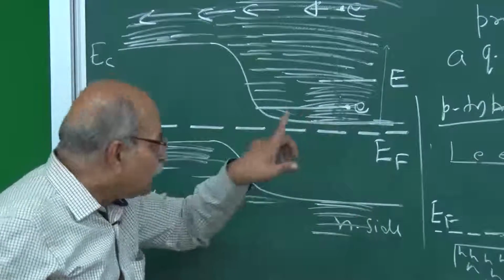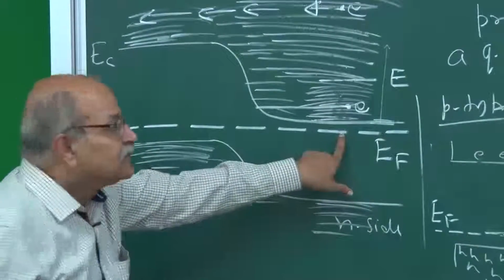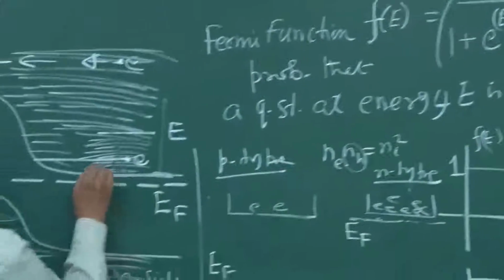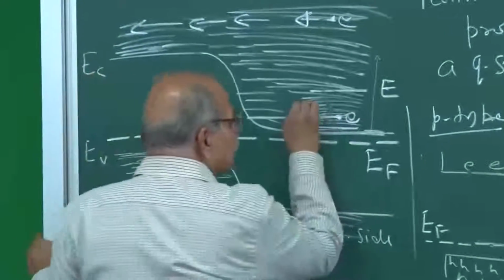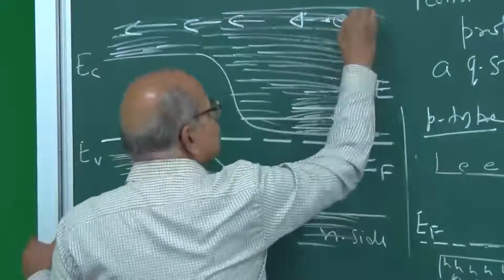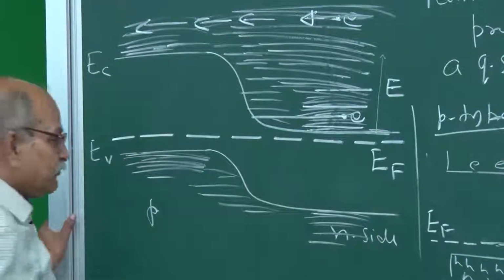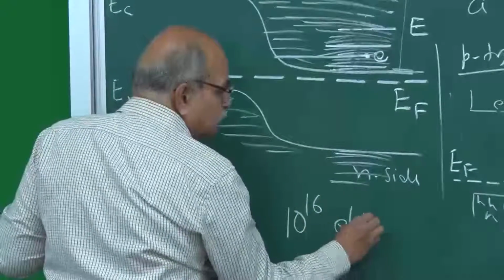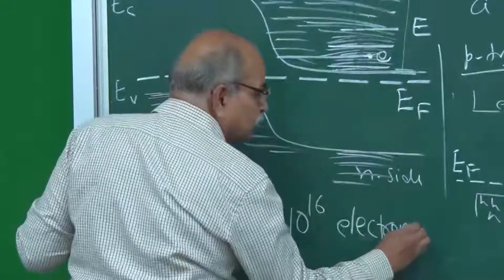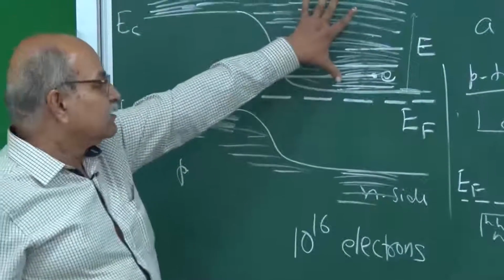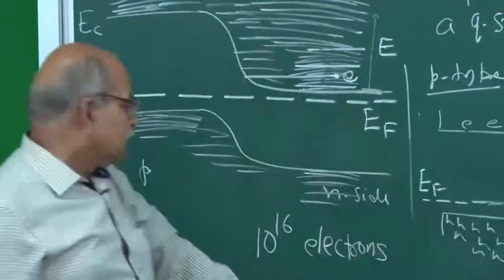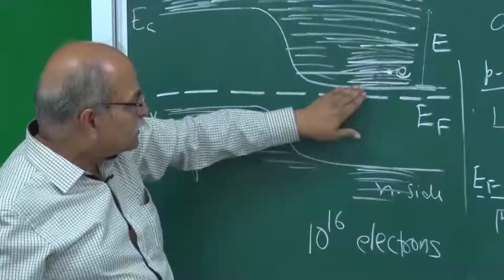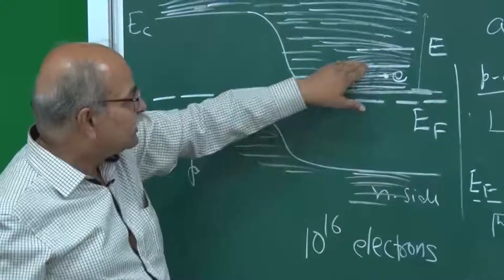Once you know this EF, you can calculate the probability of this quantum state being occupied, and this one, and this one. Let's say you have 10 to the power 16 electrons per centimeter cube in this band, doped conduction electrons. How many of them will occupy this one, how many of them will occupy this one, and so on.